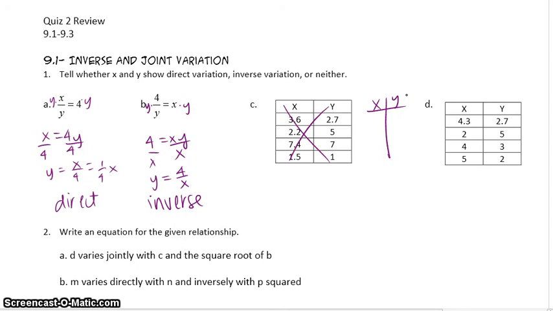So, your new table is going to be 1, 2, 1.5, and 0.5, 0.25, and 1/3. The key thing is that we have to put it in numerical order.